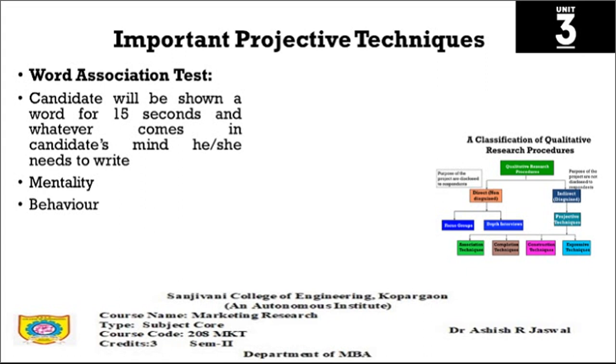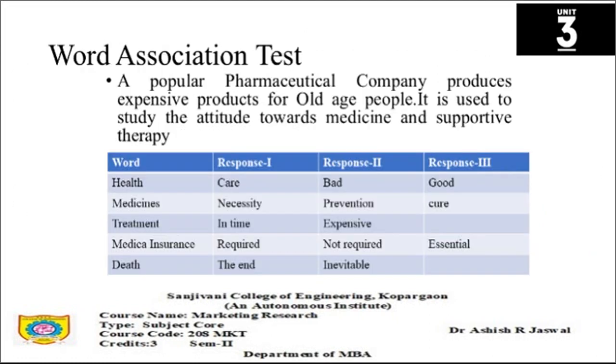Basically, it is done to understand the mentality or behavior. Let us go through an example. A popular pharmaceutical company produces expensive products for geriatric or old age people. It is used to study the attitude towards medicine and supportive therapy for old age people. The activity was carried out in the following format.